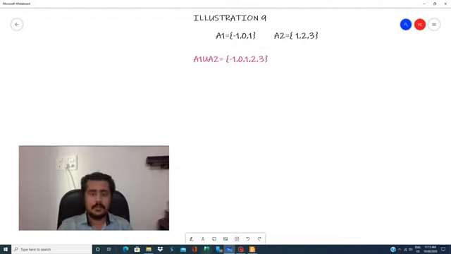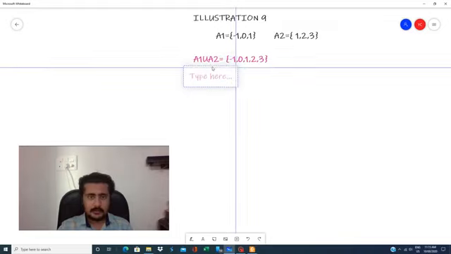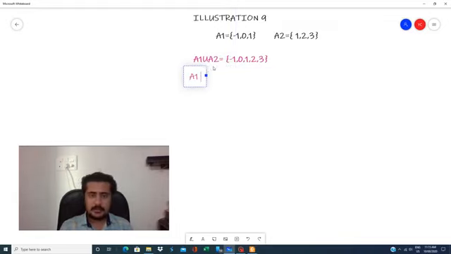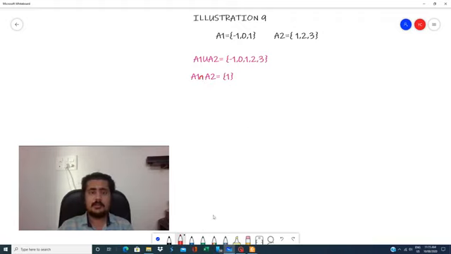So this is your A1 union A2. Then we talk about the intersection, A1 intersection A2. Intersection is the common element between A1 and A2, which is 1. Your intersection is 1.